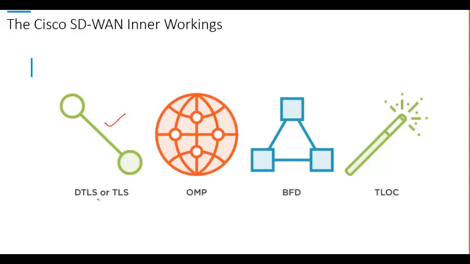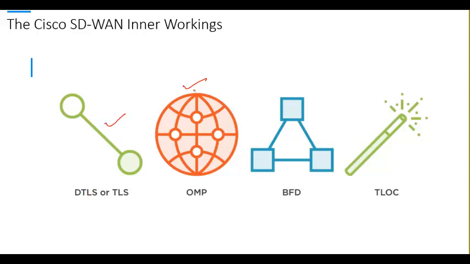To build that overlay routing, the information is actually carried through OMP. Only with the information provided by the OMP, the overlay routing domain is established.